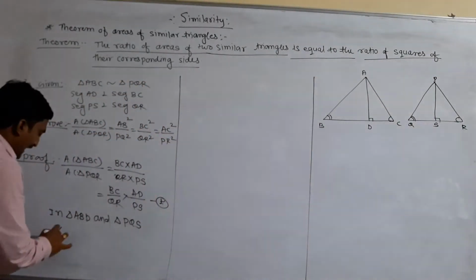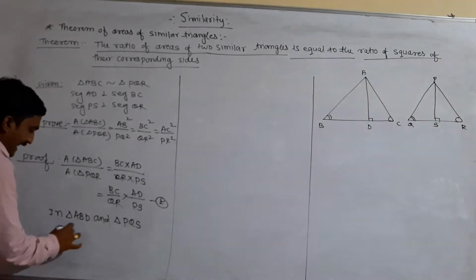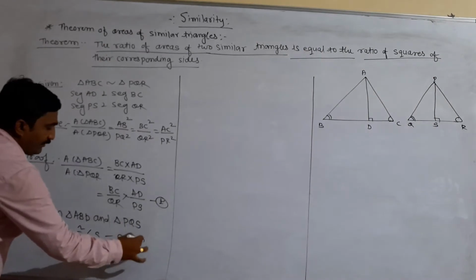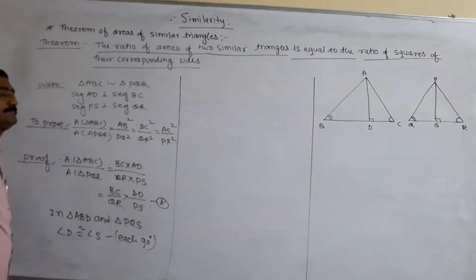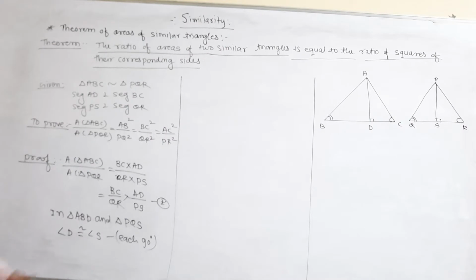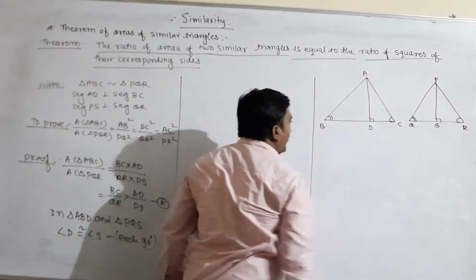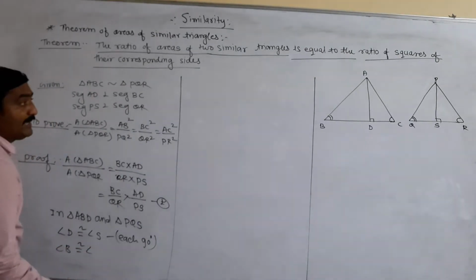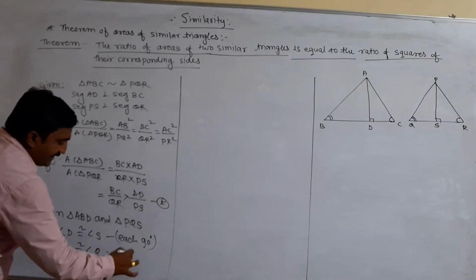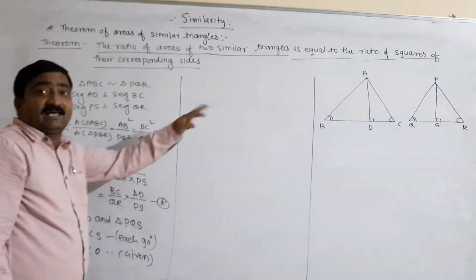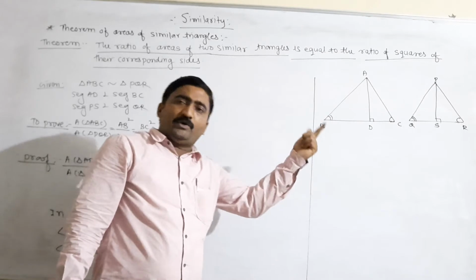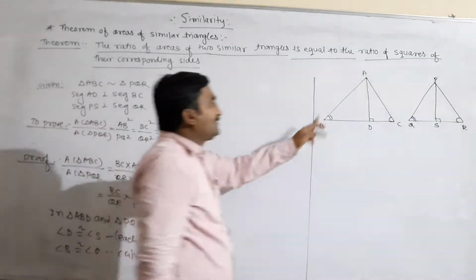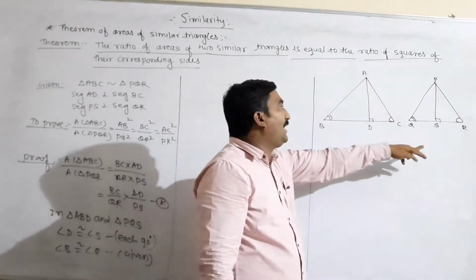Remember that in both triangles, angle D is congruent to angle S, each 90 degrees because they are perpendicular. And angle B is congruent to angle Q. This is given because these two triangles are similar, and when two triangles are similar, their corresponding angles are congruent. So angle B is congruent to Q, angle C is congruent to R.